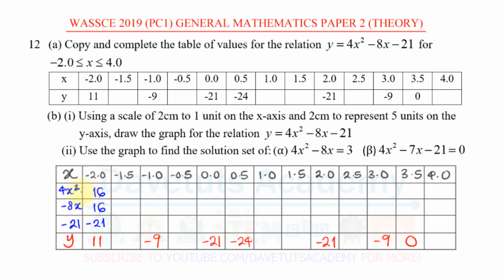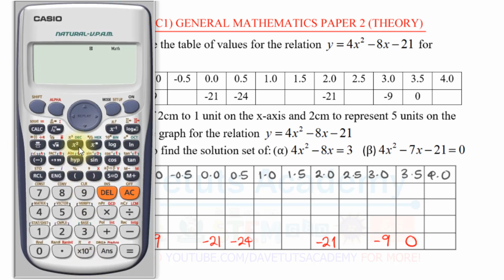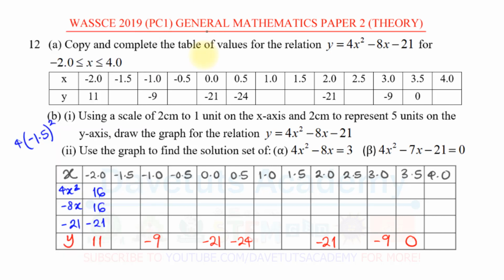So let's just put the 4 multiplied by it also. 4 multiplied by minus 1.5 raised to power 2. If I take my calculator, 4 multiplied by minus 1.5 raised to power 2 is what? That is 9. So this value here will be 9.